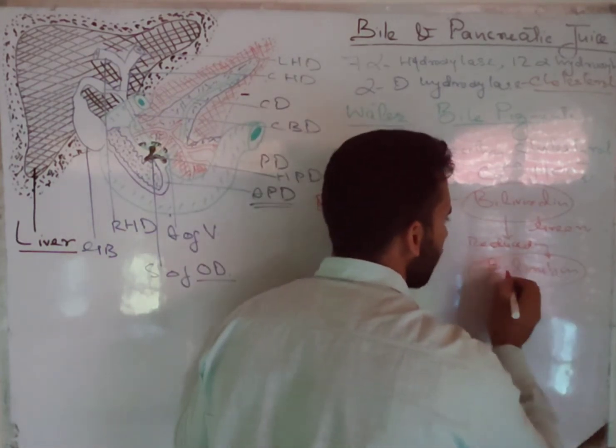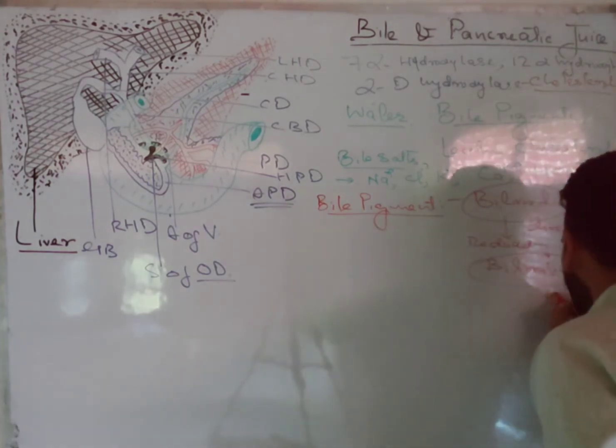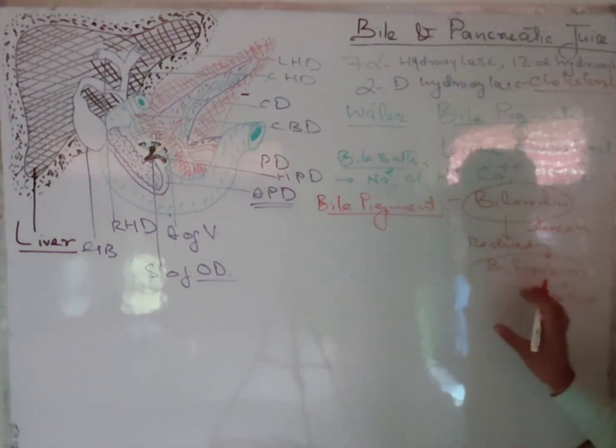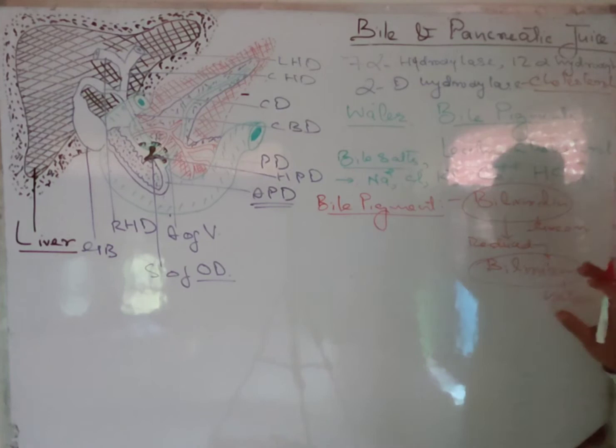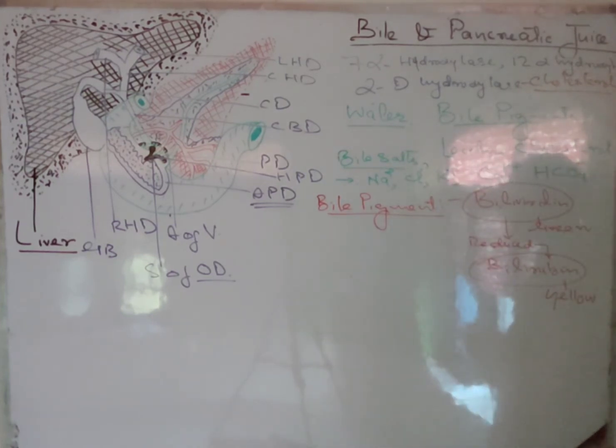And now the color of this bilirubin is not green, it has changed and its color is now almost yellow. So bilirubin is a yellow colored bile pigment which is mostly present in our bile.